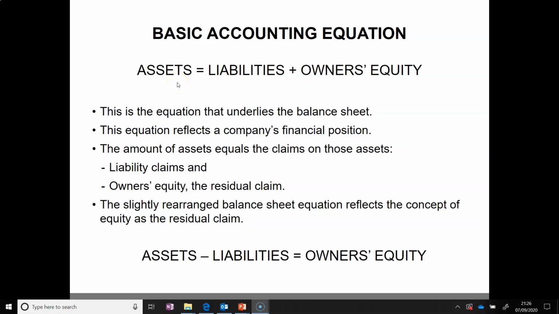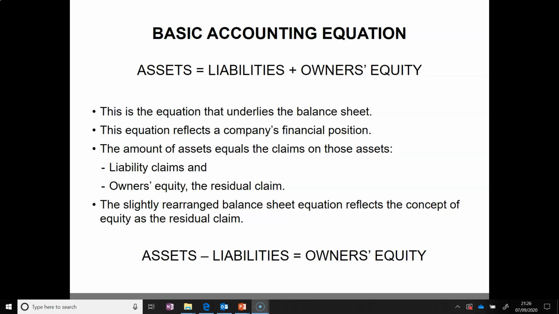The elements of financial statements, that is assets, liabilities, owner equity, revenue and expenses, serve as input into the basic accounting equation. The balance sheet on one side has assets, which are the economic resources of the business. On the other hand, there are liabilities and owner equity that represent the claims on those resources.